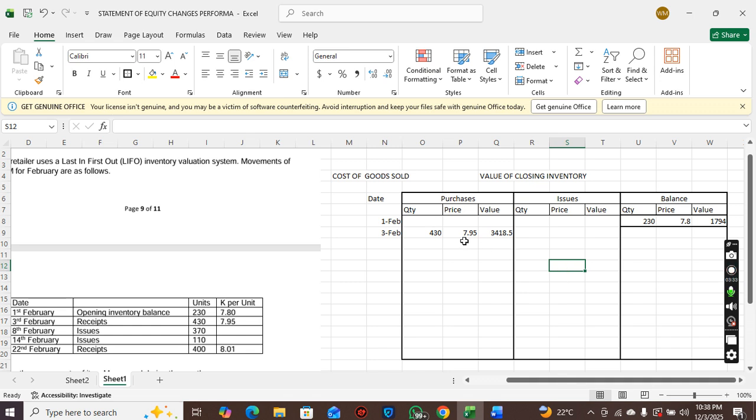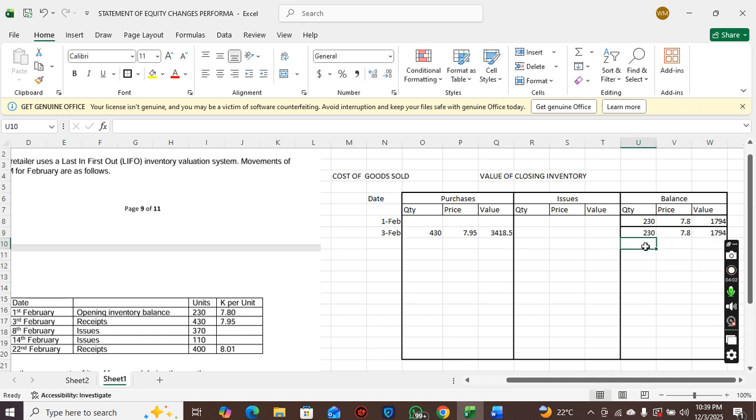So colleagues, every time there is a purchase or a receipt, this is where you separate the units. This is what I mean by separate the units. Initially we had 230 units valued at 1,794.